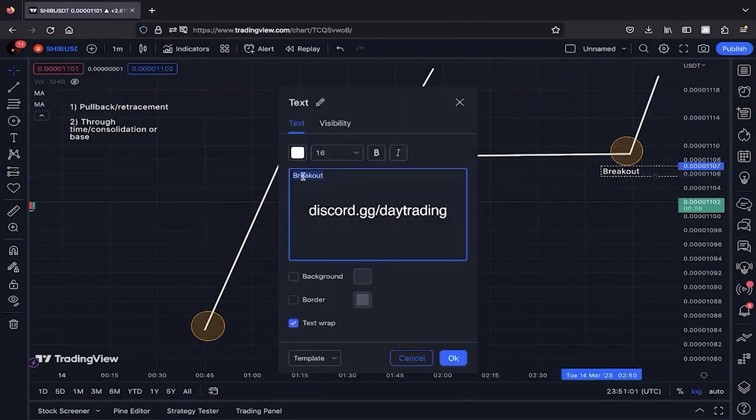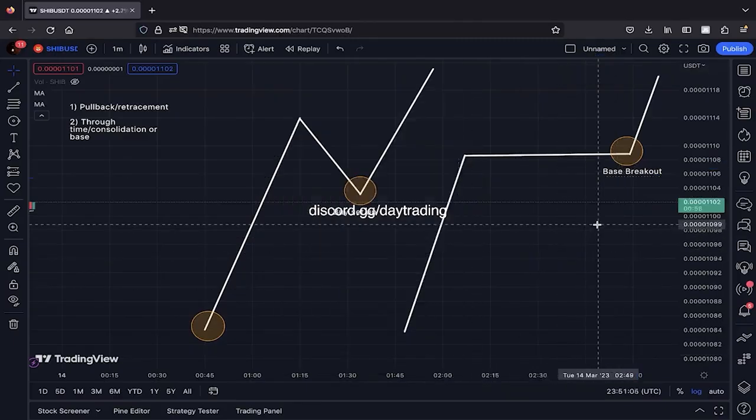Okay? And specifically, a base breakout. Okay? So this is kind of the fundamental anatomy of the two strategies that we're going to be talking about first. We're going to be talking about the breakout first, and then we're going to be talking about the buy setup.